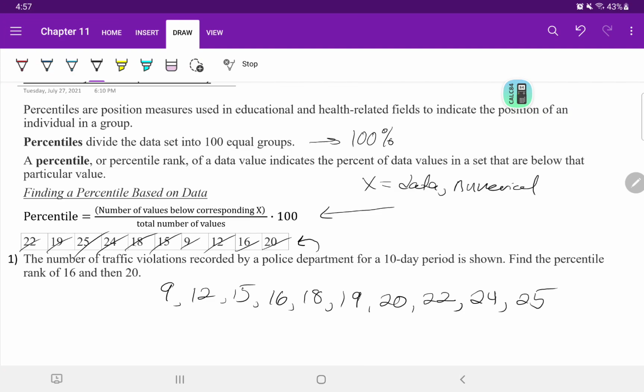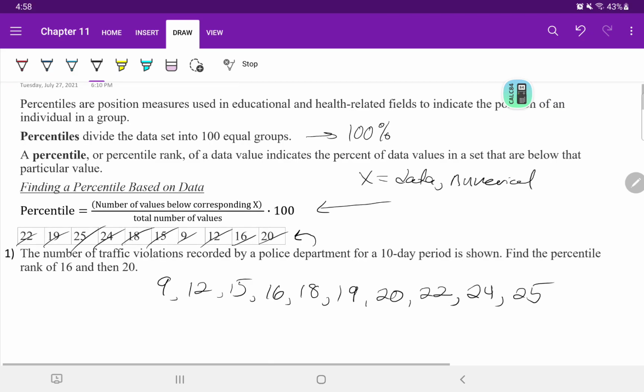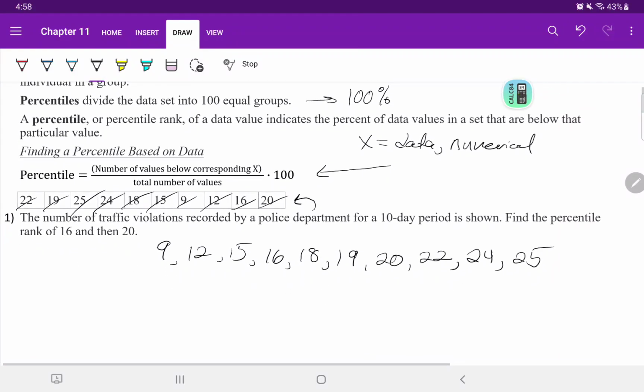All right. So we have 10 data values in this data set. Now, we want to find the percentile rank for 16 violations and then for 20 traffic violations.